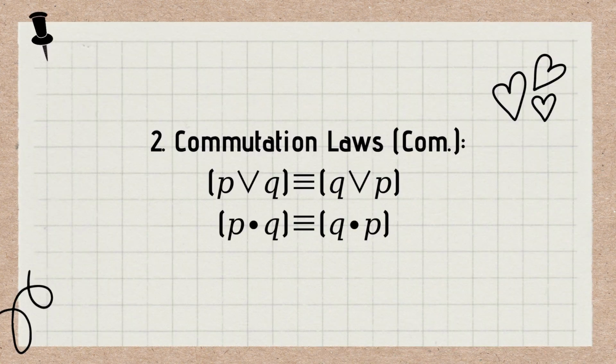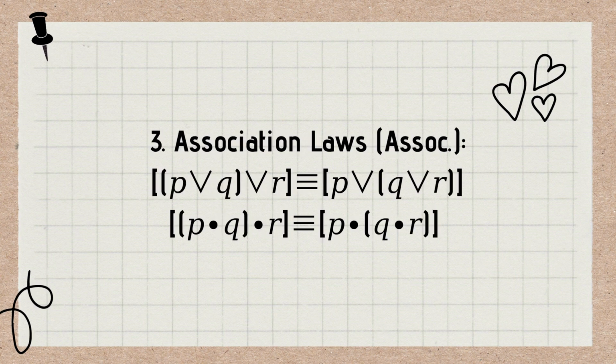The second rule of replacement is the commutation law. It states that P disjunction Q is equal to Q disjunction P, and the second law of commutation is P conjunction Q is equal to Q conjunction P. I hope this is easy to understand and apply in problems. The third one is the association law. We can replace (P disjunction Q) disjunction R by P disjunction (Q disjunction R).